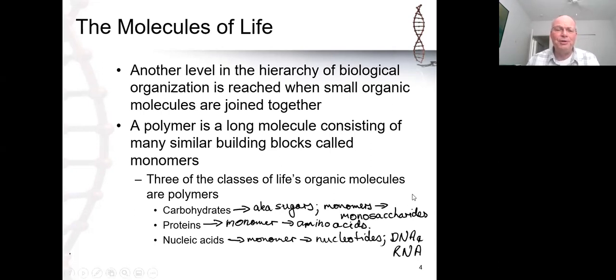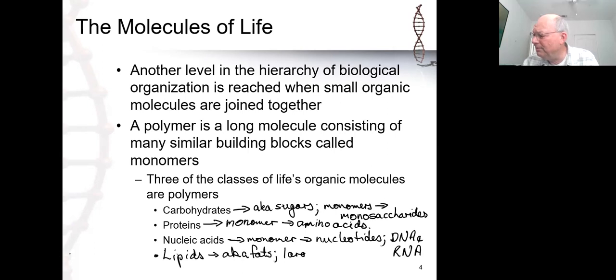So these are our three polymer classes, and then of course we could add in here another one, lipids, also known as fats, and we'll just go large, but not polymers.